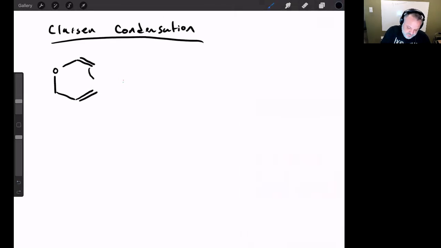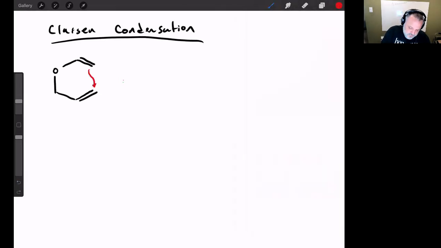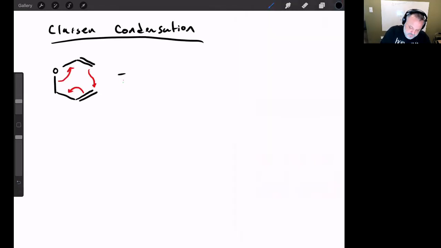In this case, I form a doubly bound oxygen. And what we say is that a doubly bound oxygen is more stable than a doubly bound carbon.